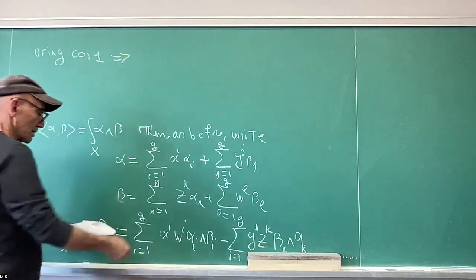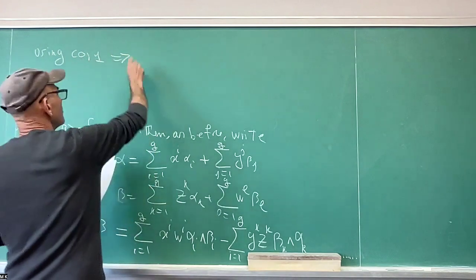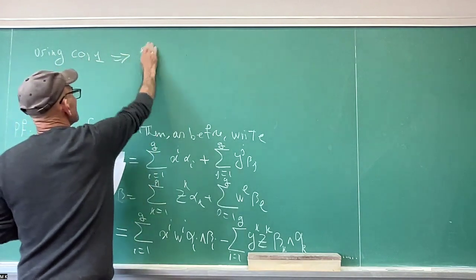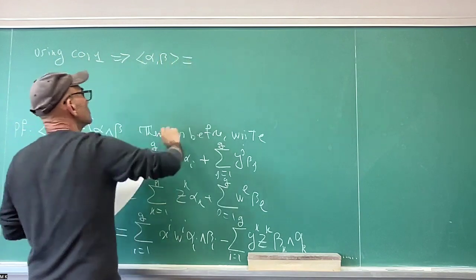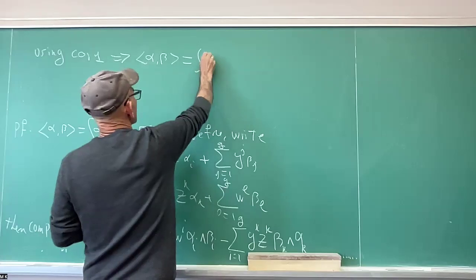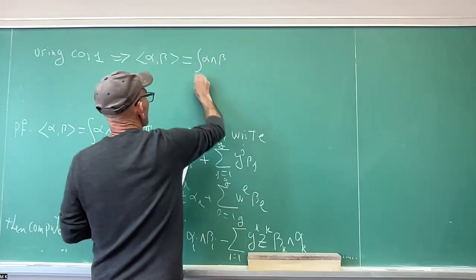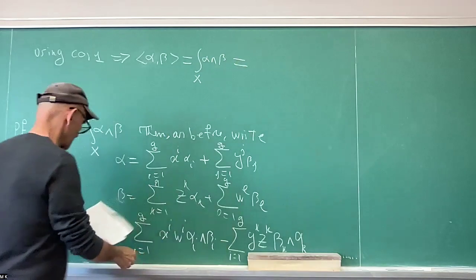You conclude that the integral of alpha is equal to the integral of alpha over x. So you have to integrate this.